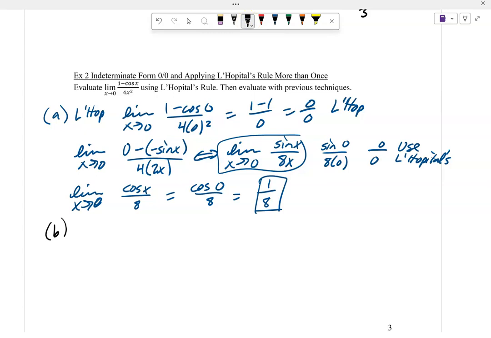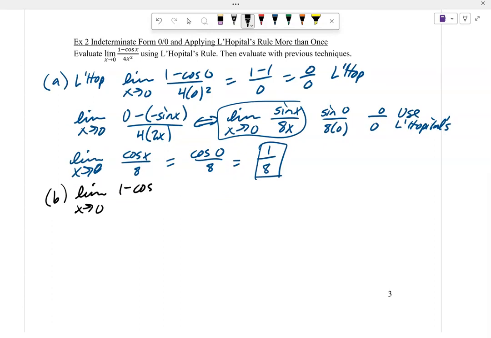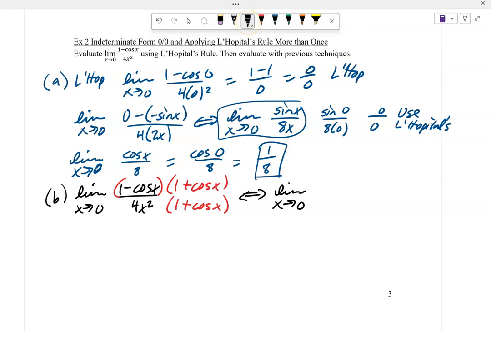We can do this with algebraic techniques as well. If you remember, we would multiply by the conjugate of that numerator, so 1 plus cosine x. And so we would end up with the limit as x goes to 0 of 1 minus cosine squared x all over 4x squared times 1 plus cosine x.